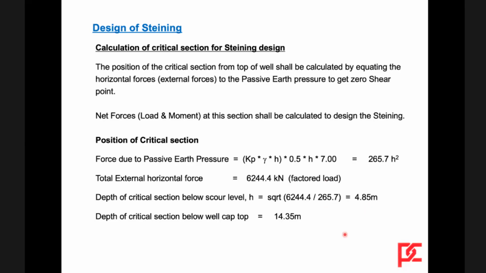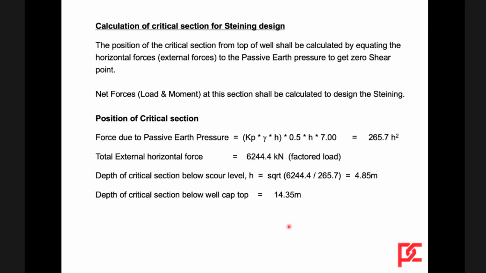So hence, depth of critical section below the well cap level is 45.35, and then we have calculated the bending moment at that location. Force due to passive earth pressure is this, and then total external horizontal force, the same thing is repeated.